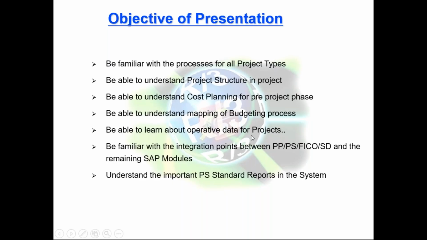We will try to see some operative data, be familiar with the integration points between PS, FICO, SD, and the remaining SAP modules, and understand the important PS standard reports in the system. So basically, this PPT is to understand the major functionalities within PS.